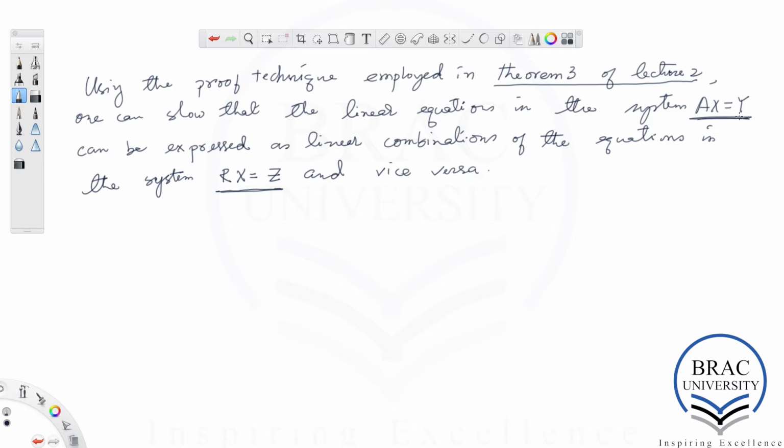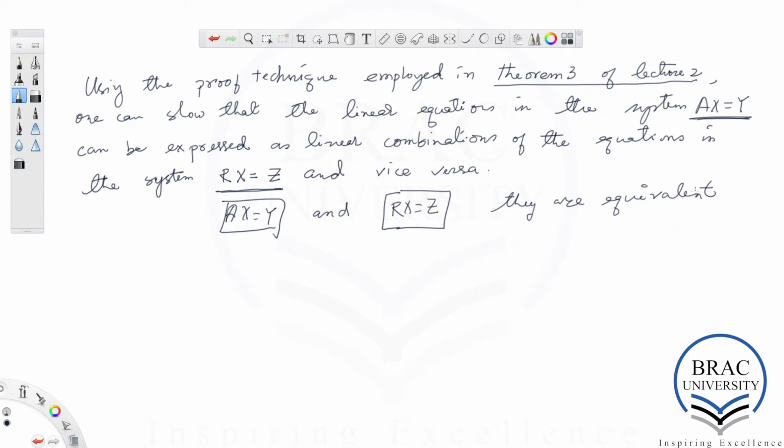And hence the two systems are equivalent, and therefore, by Theorem 1 of Lecture 2, they have the same set of solutions.